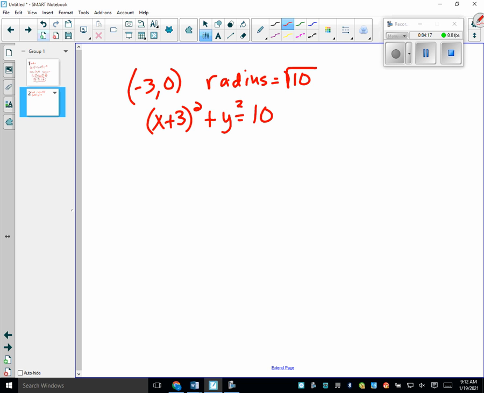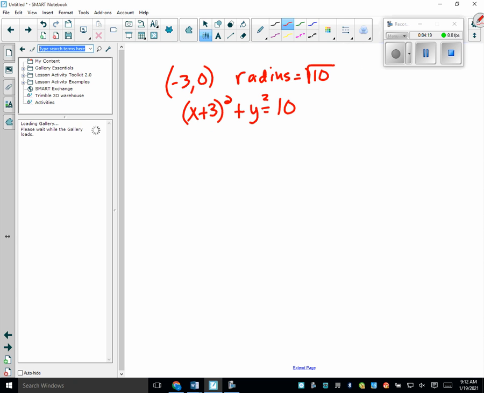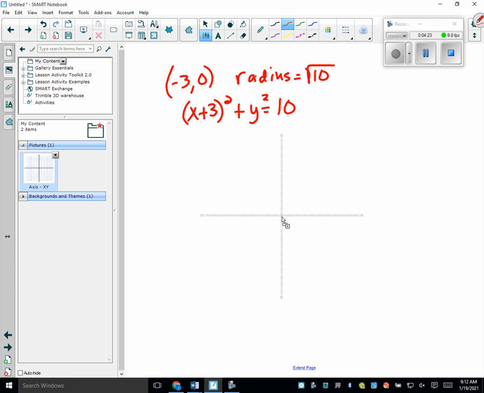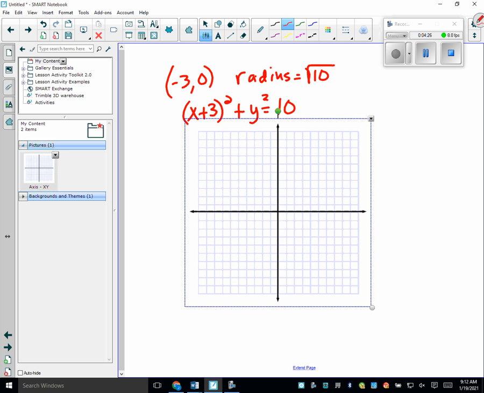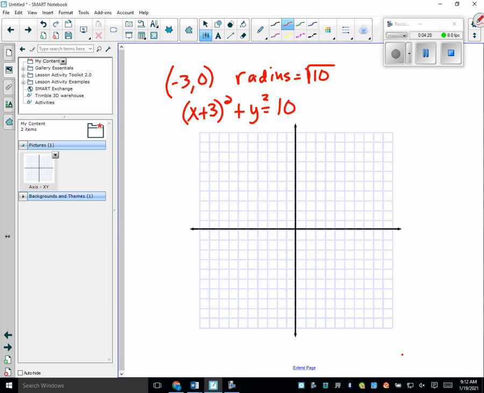Now, what if I wanted to graph this? Okay, what's the center? (-3, 0). 1, 2, right here?